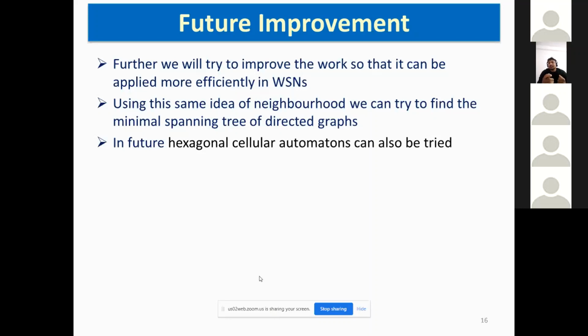And I have a specific question about the space complexity. That means you have to store all the nodes, right? So how much space complexity is needed? Well, I haven't calculated it.